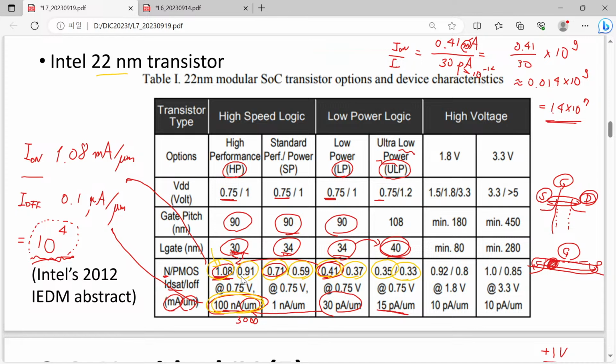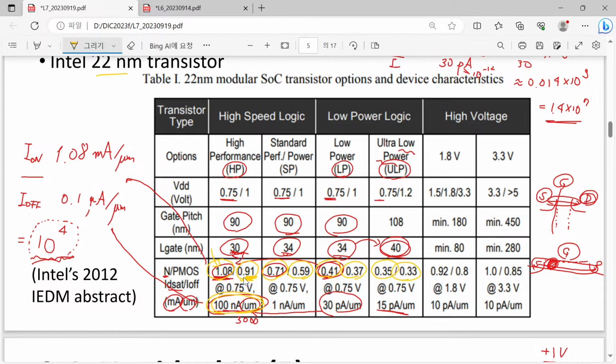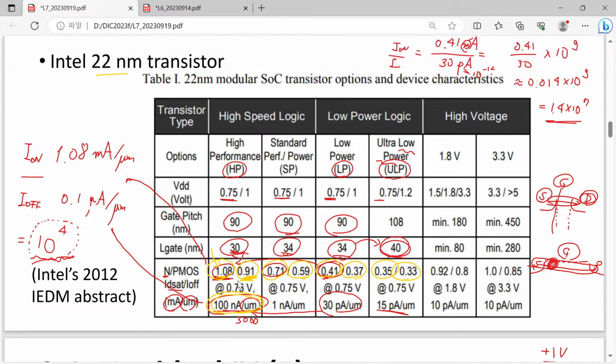Although PMOSFET has a relatively lower value than NMOSFET, the ratio is not like 2 to 1 or 3 to 1. The ratio seems to be about 10 to 9, or 10% higher or 20% higher.